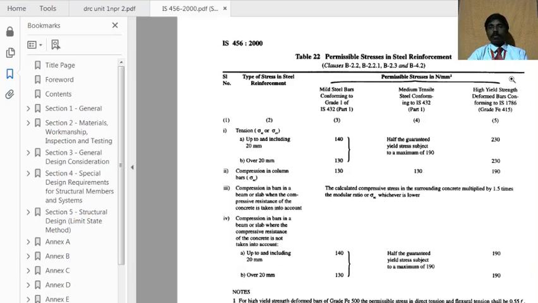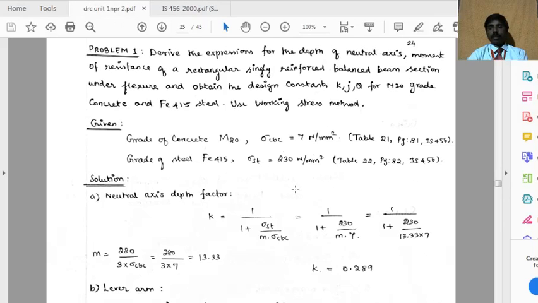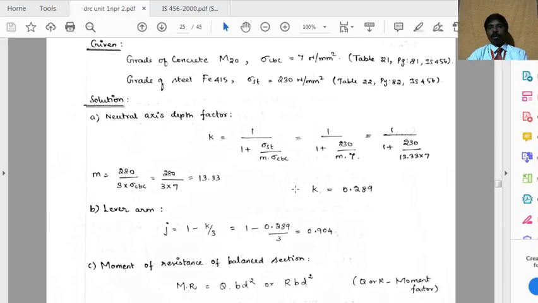In our first session, we saw steel reinforcement in two categories: mild steel and HYSD bars. Mild steel is of grade Fe250, and HYSD bars are of grade Fe415 and Fe500. Usually steel is used for its tension property, so we follow the tension parameter. For tension, the sigma ST value is 230 Newton per mm square, from the table on page number 82 in IS 456.